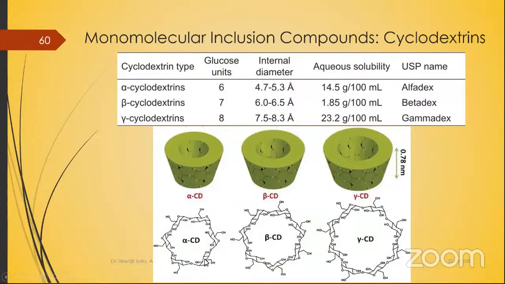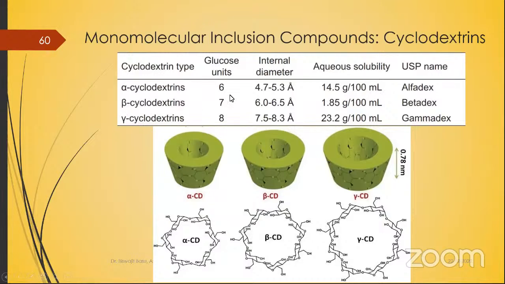The internal diameter of alpha cyclodextrin is 4.7 to 5.3 Angstrom, and its aqueous solubility is, sorry, 14.5 gram per 100 ml.